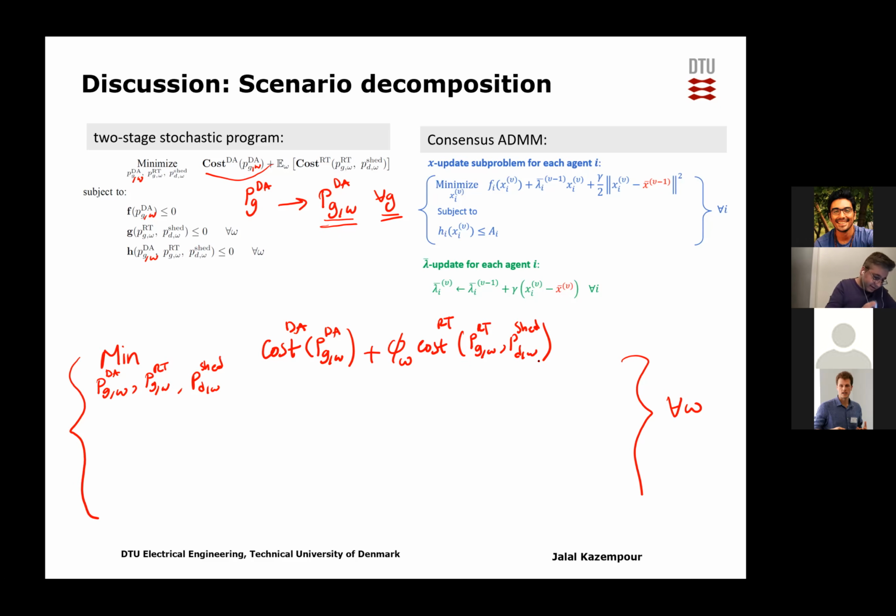I will have a long objective function. Good. So now you wrote this part. Now we need to write this part, right? Sebastian? Okay. So what should it be?